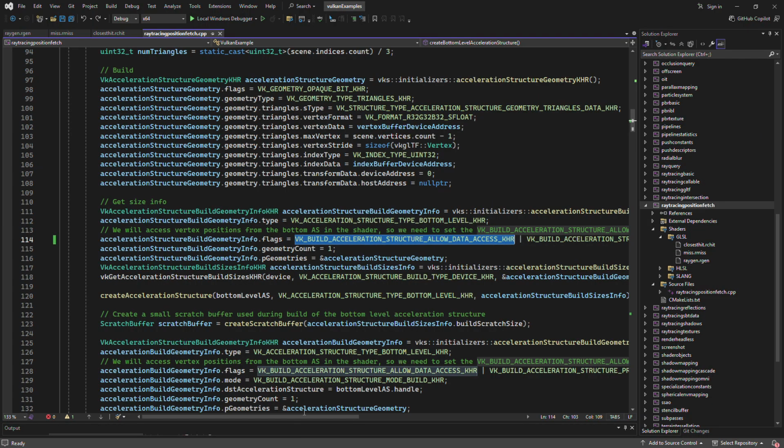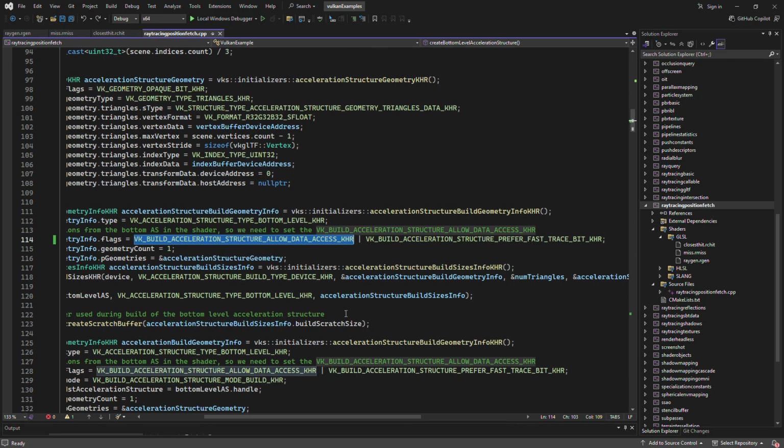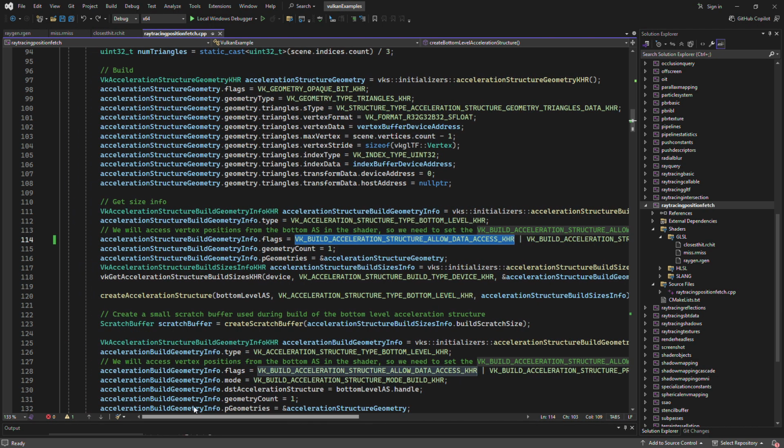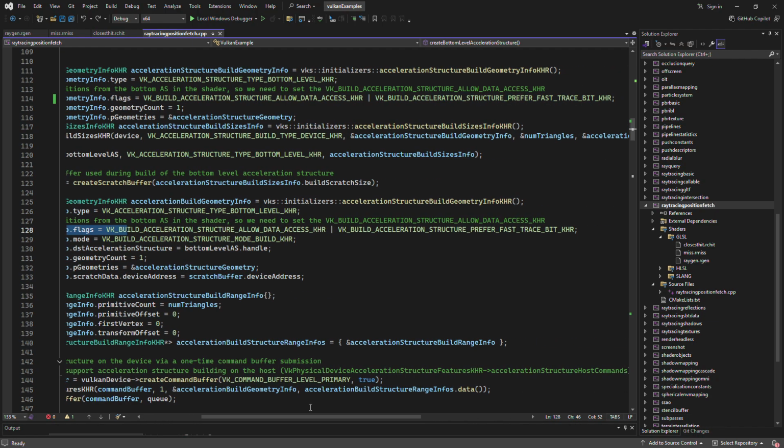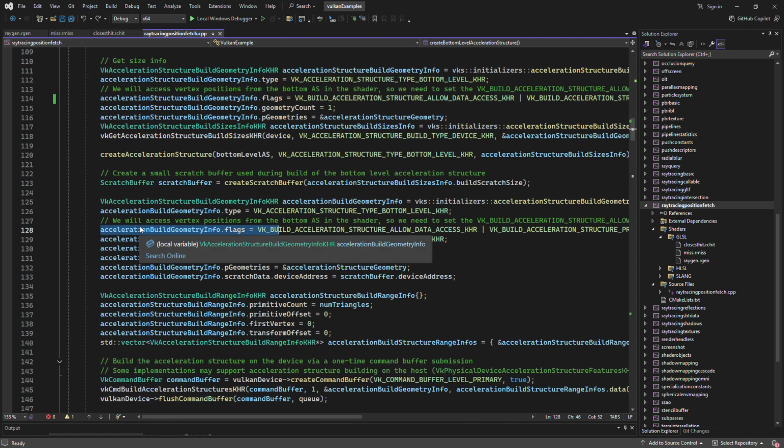So we need to set the allow data access flag. That's what this flag is for. It also shows up again down here, since we will access the vertex position from the bottom acceleration structure. So it shows up right here.